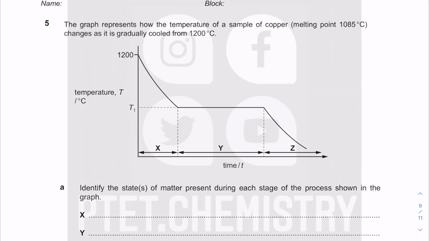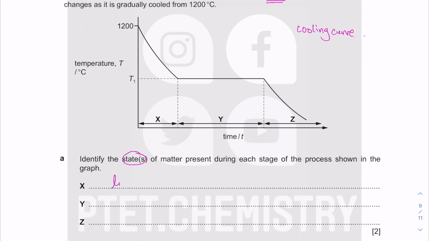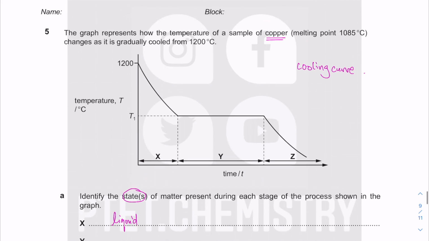Number 5 is about change of state, and this is a cooling curve. This is of copper, so you melted the copper and the copper cooled and then became a solid. So identify the state or the states. At X is a liquid because you have melted the copper from being a solid to a liquid.